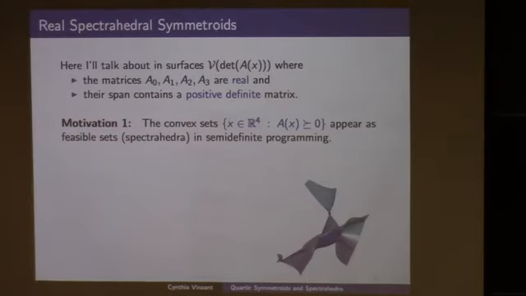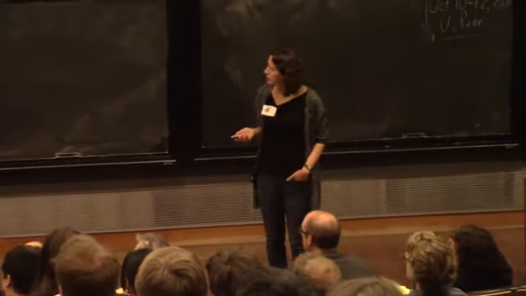So a polytope is the feasible set of a linear program. A spectrahedron, which is a set like this guy, is the feasible set of a semidefinite program. And so, like in algebra, one way to study such a feasible set is to study the polynomial of the surface of that. And I'll talk more about spectrahedra as well.